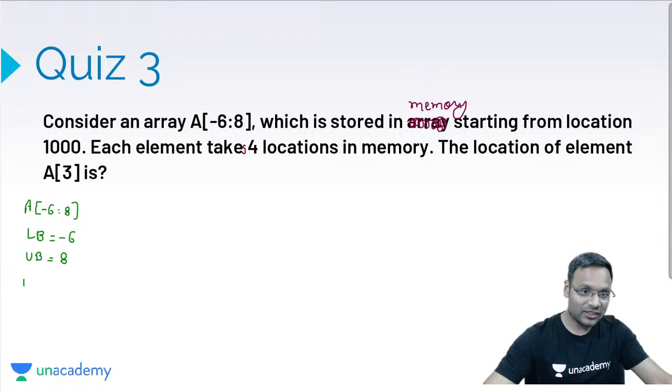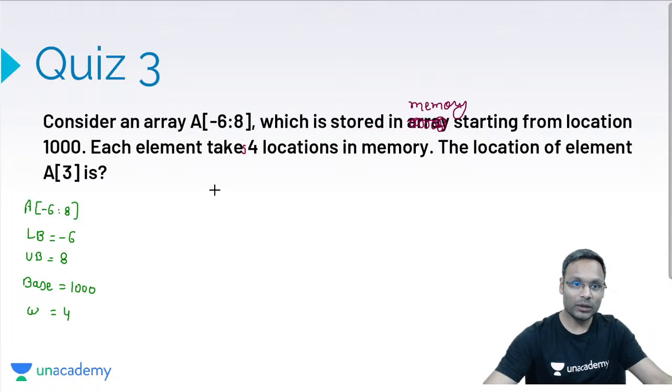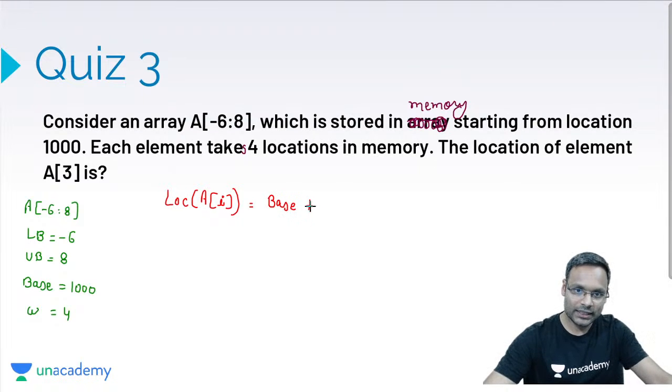What is the base address given? Base address given as 1000. Each element takes how much space in the memory? W is equal to 4. Formula, remember? याद है आपको formula? Location of A of I is equal to base address plus W into what? I minus lower bound. ये रहा formula.